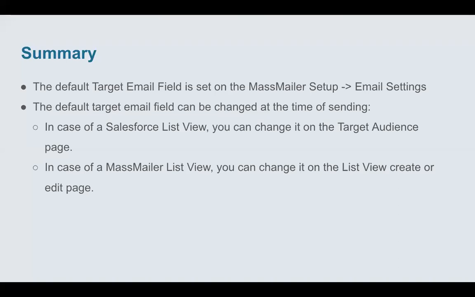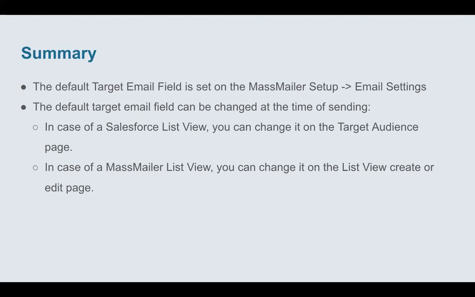So there are two ways typically you would send out emails. Of course, there are many other ways as well. But I'm going to demonstrate where you can change the target email field.